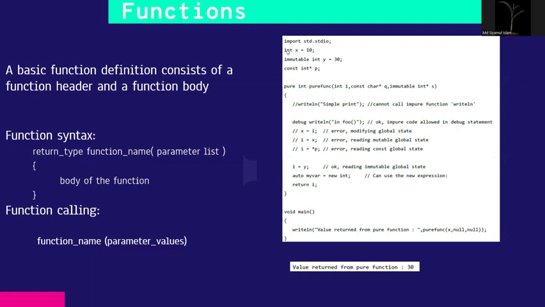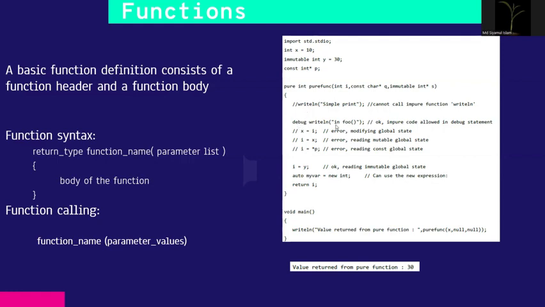For example, here there are a few variables. There are global variables and the immutable state of a variable. So yes, it is a pure function. When this function is called, for example in the main function, it cannot call an impure function. The right element is an impure function. If you call this function, it will not work.